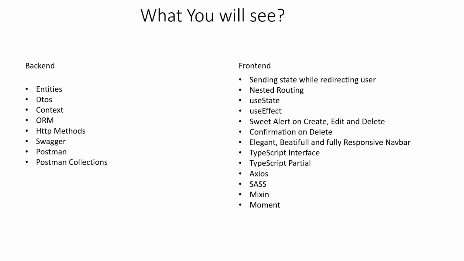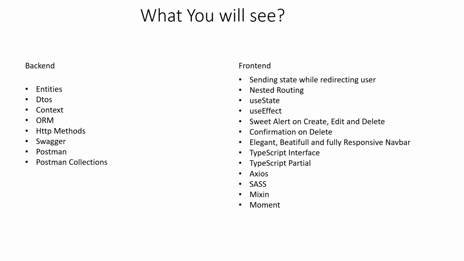And also we have the confirmation on deleting our products to be sure that nothing is deleted unintentionally. And also we will create an elegant, beautiful and fully responsive navbar together, and you can see how easily we can create such a great fully responsive navbar.